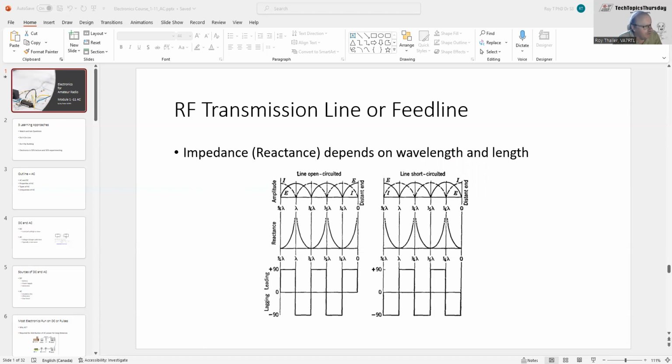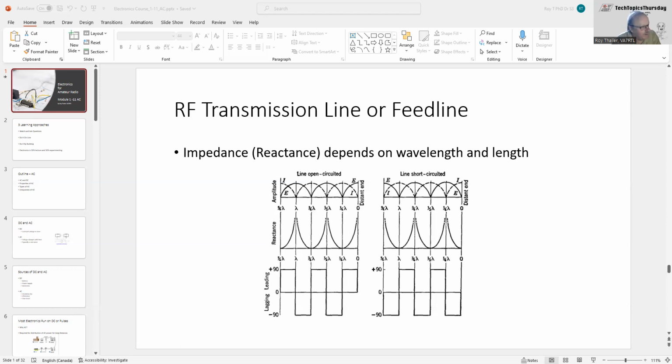One is that your signal will go down the line, and if you're matched, it won't go back. But if it's not matched, it'll start to reflect back and then keep on going back and forth. And this is where your SWR comes in, it's basically a ratio of the maximum voltage to the minimum voltage. That'll give you your SWR. And we'll talk about that when we talk about feed lines and antennas.